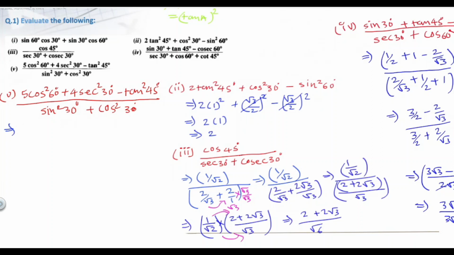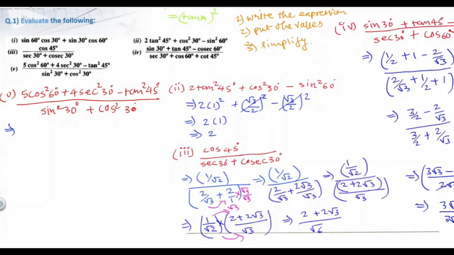Okay, there are 3 steps to solve this question. The very first step is to write the expression, the second one is to put the values, and the third one is to simplify.